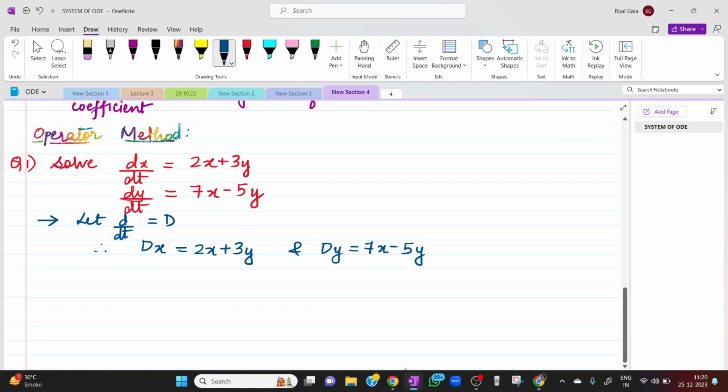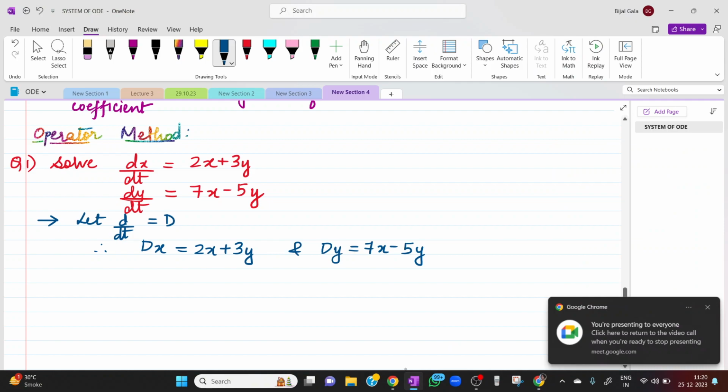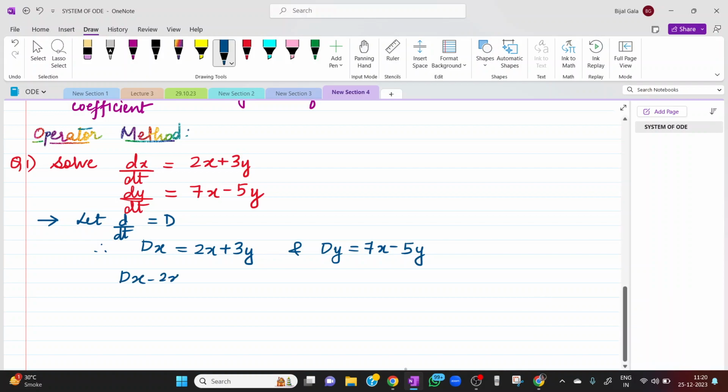Now, we bring all the terms on the left-hand side. So I'll have Dx minus 2x minus 3y is equal to 0. And over here, I can bring everything on the right because I want the x term first. 7x minus 5y minus Dy equal to 0.